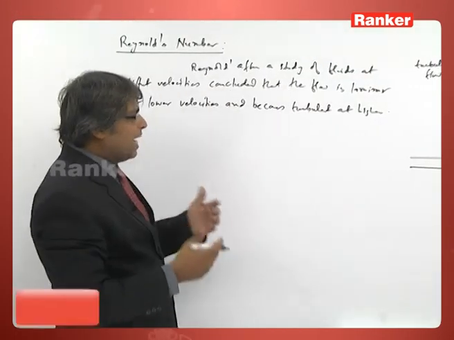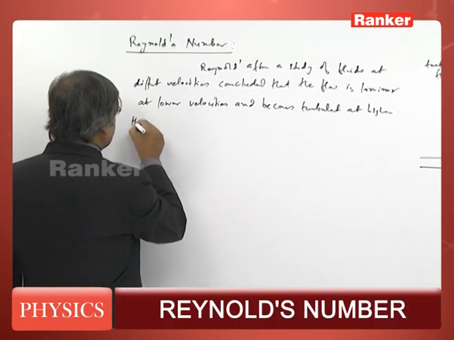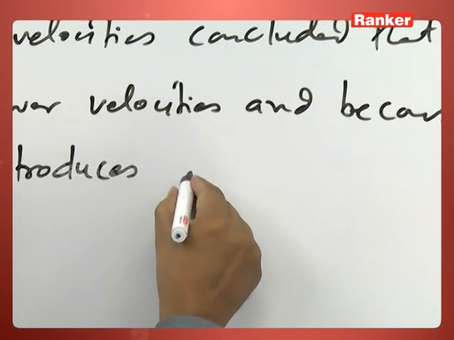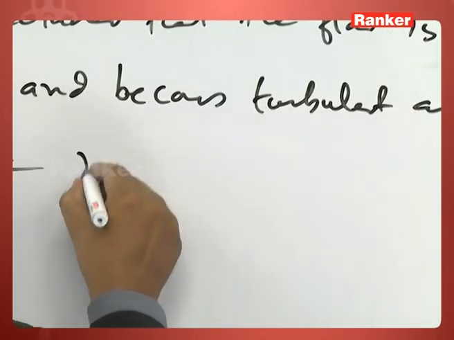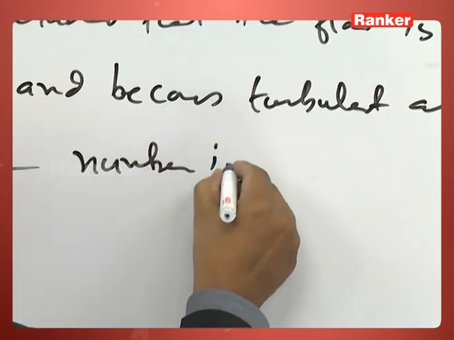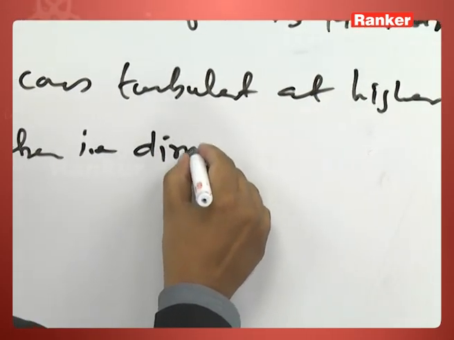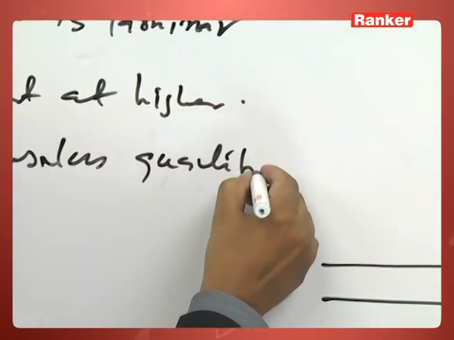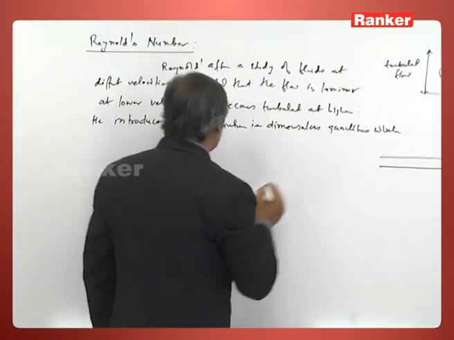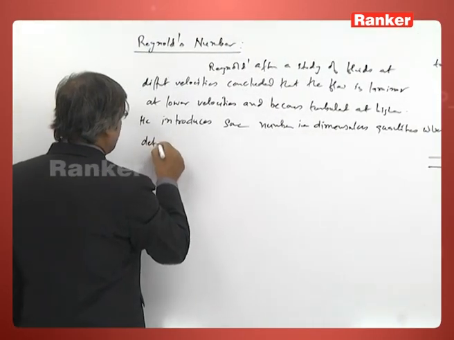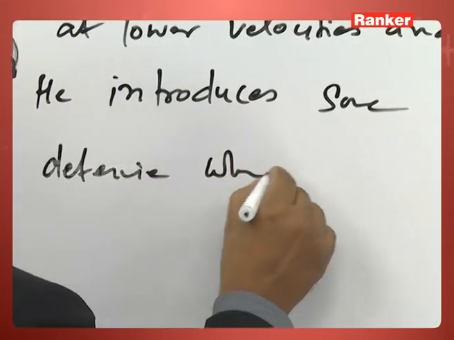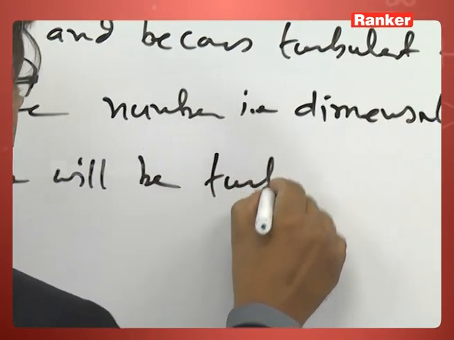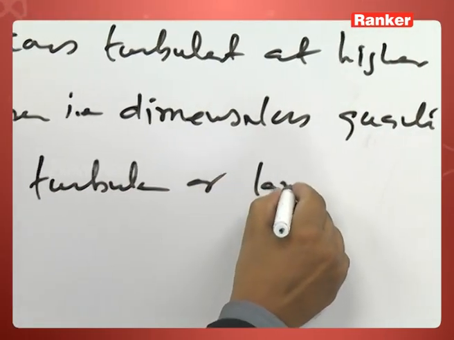In order to define this, he introduced some number, i.e. a dimensionless quantity, which determines when there will be turbulence or laminar flow.